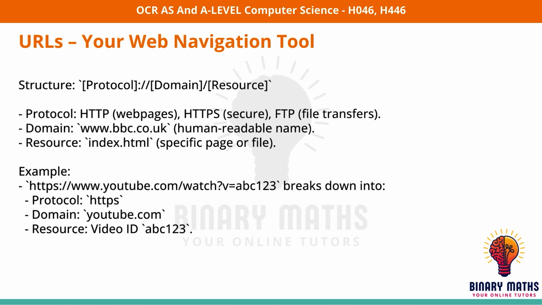The domain www.bbc.co.uk is the website's name. The www stands for World Wide Web, but it's optional. Typing bbc.co.uk works too. The path with the /news directs you to a specific section, like chapters in a book.